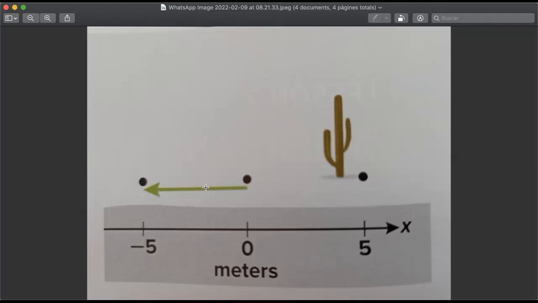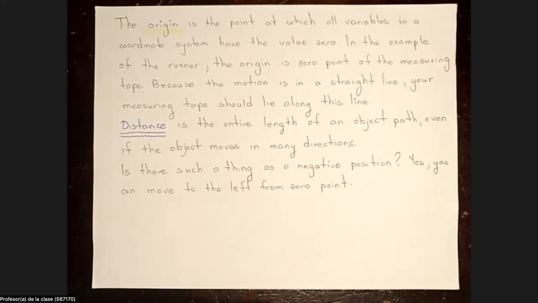I choose my coordinate system. So an easy way to understand this is that points to the left of the origin will be negative, and points on the right side will be positive. Okay? Good. Very good.